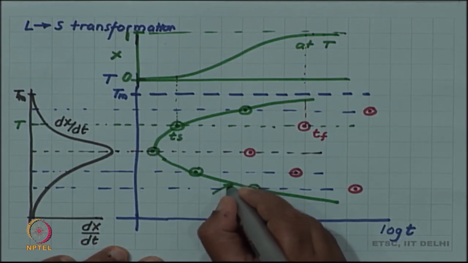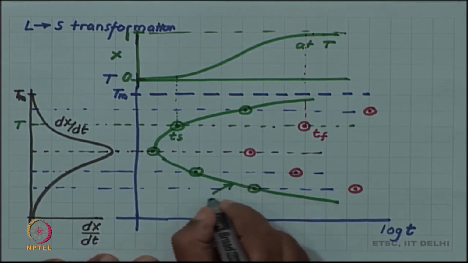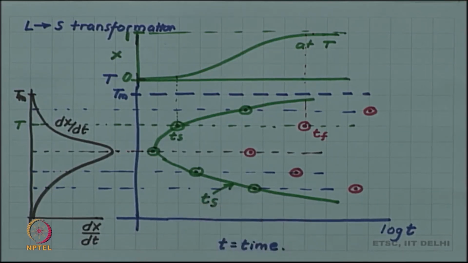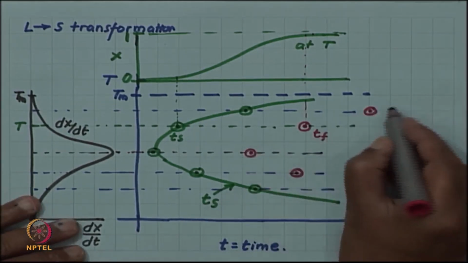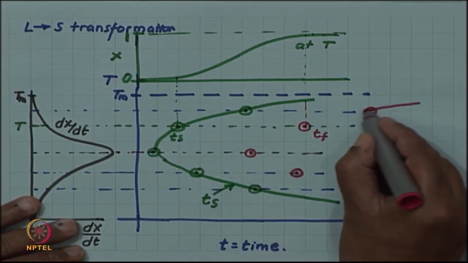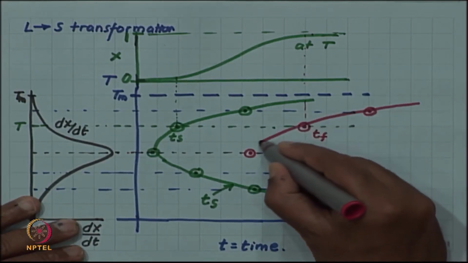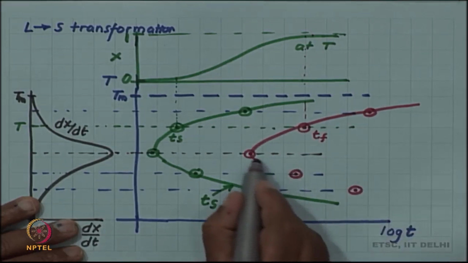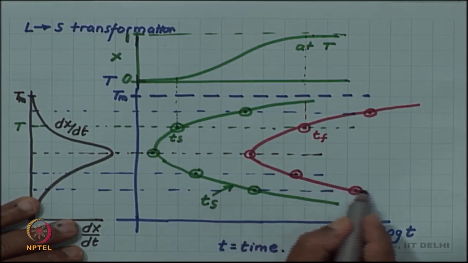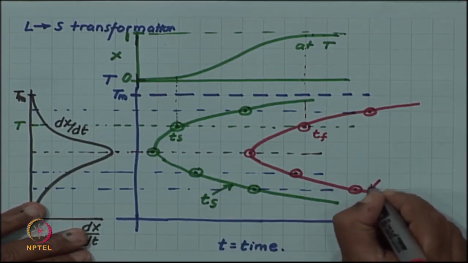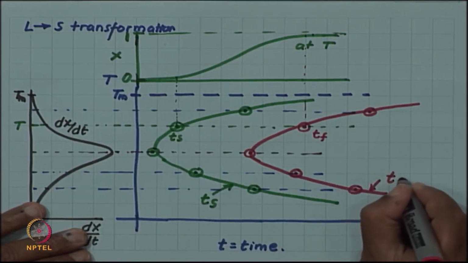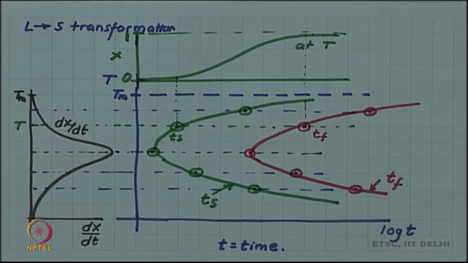So, I label this as time for start or Ts. And if I connect all these red dots, which were representing the finish time, then I get another curve, and this is the time for finish.